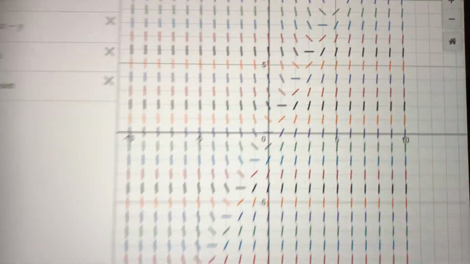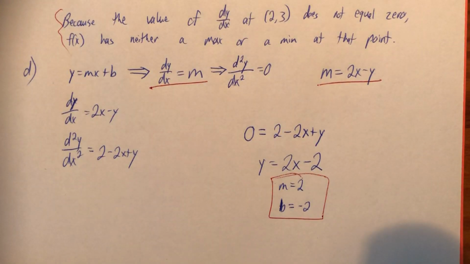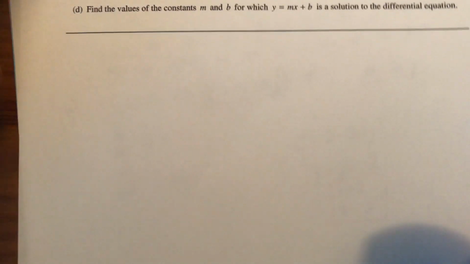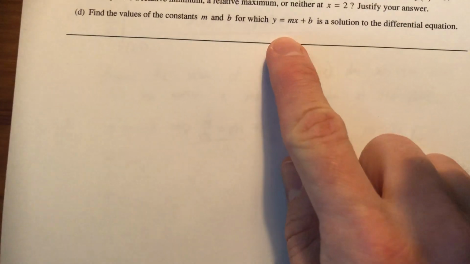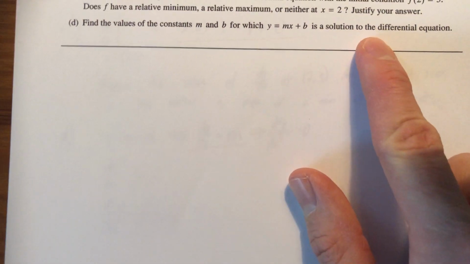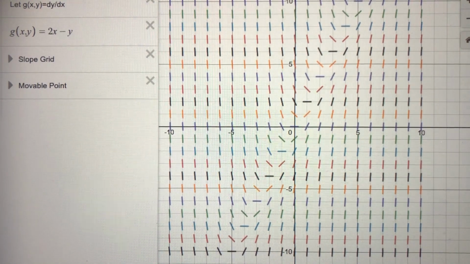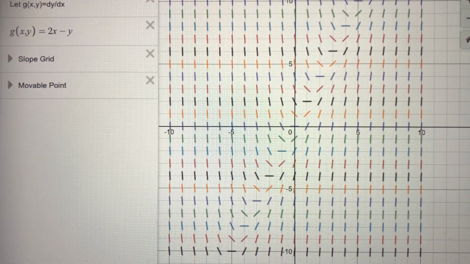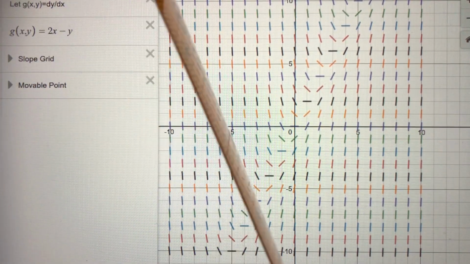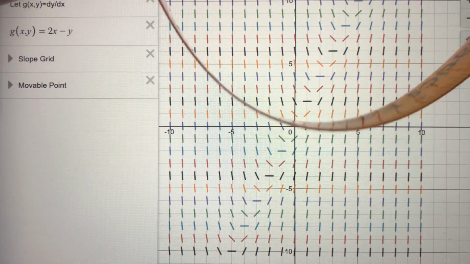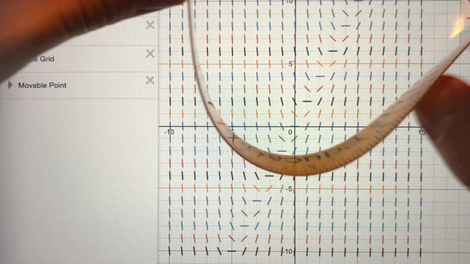So to really answer the question, and again, the question was, find the values of the constants m and b for which y equals mx plus b is a solution to the differential equation, meaning there's a line that goes through this. What is that line? So if I had this whole thing, where would I draw my line and it actually logically fit? Well, I could sort of follow some of these curves here.